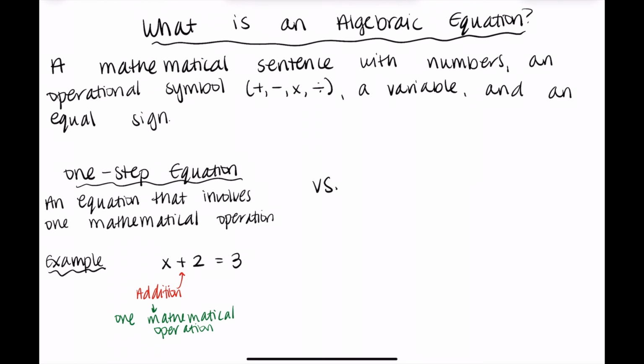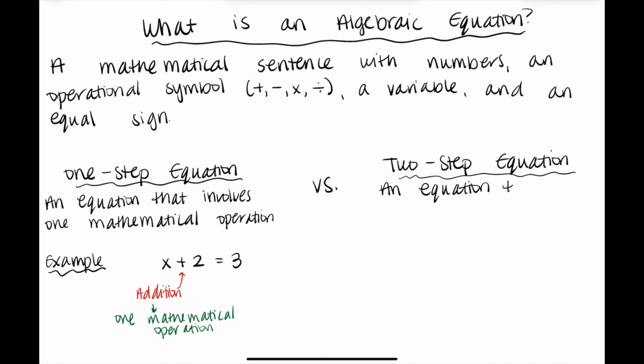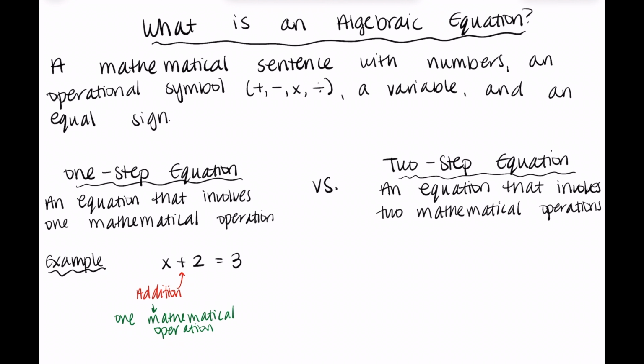Now that we've gone over this, though, let's compare it to a two-step equation and look at the differences. A two-step equation is an equation that involves two mathematical operations instead of just one, right? That makes sense. If we look at an example, we would have something like 2x minus 6 equals 10. In this equation, we have two things going on, right?